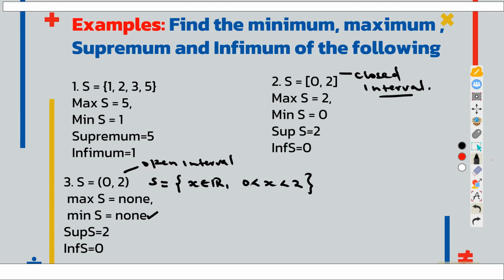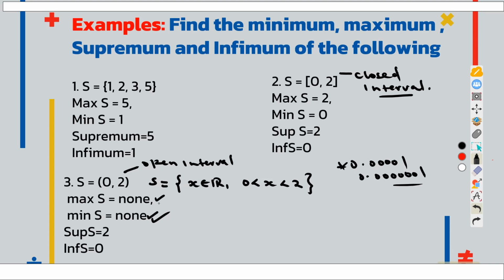Any number you think about will not become the smallest. Maybe you think 0.0001 is the smallest, but there will exist a number like 0.000001, which is smaller. So we cannot have a smallest number.